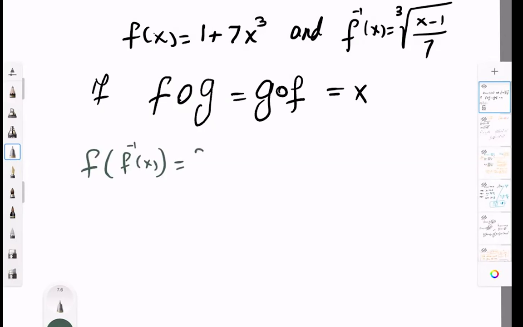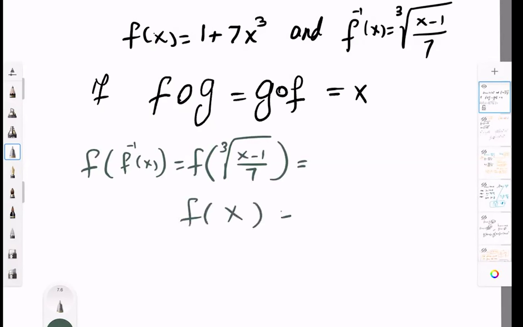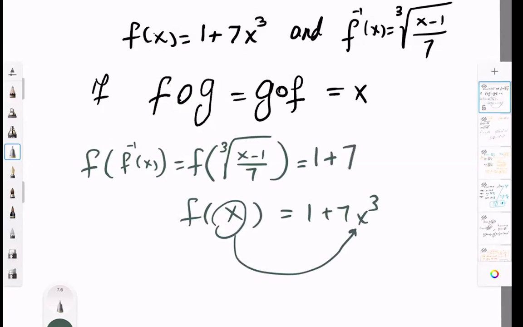So f of cube root of x minus 1 over 7, this equal to, so f of x equal to 1 plus 7x cubed. If it's x, you put x cubed there. So this is going to be 1 plus 7 parenthesis cube root of x minus 1 over 7 to the power of 3. This 3 and that 3 will cancel. The radical will go away.